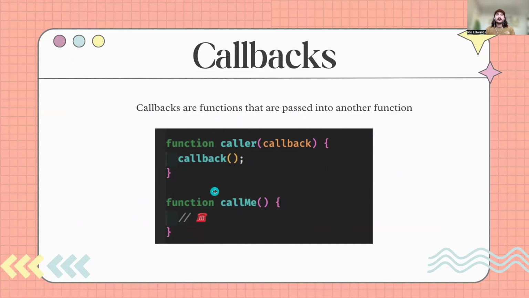And then we have this function above called caller, which takes a callback function as a parameter, and then it calls that function. So we could call caller, and caller will call me. This function, caller, is in charge of calling this other function.